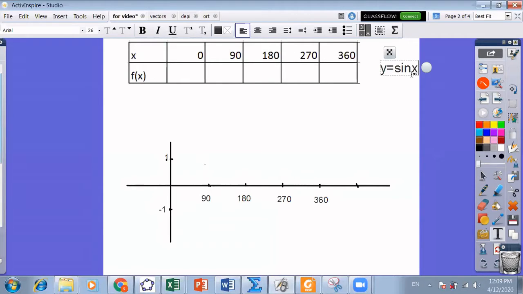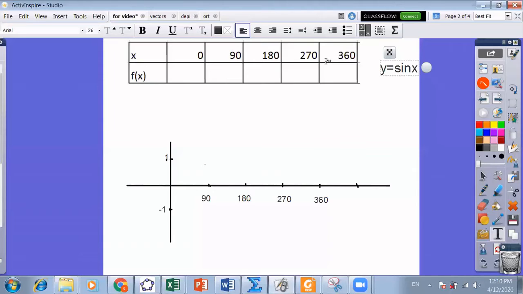Our f is a sine as I have written here, and I have put here some values for x. X is our degree, our values for the x-axis. I've put here some values where we are intersecting: 0, 90 degrees, 180 degrees, 270 and 360.